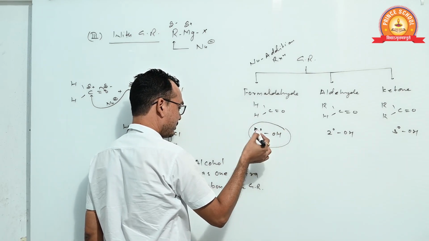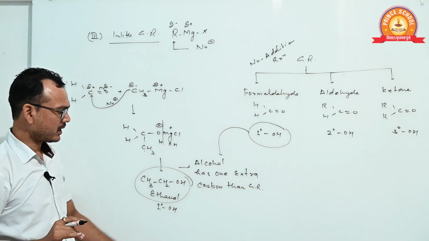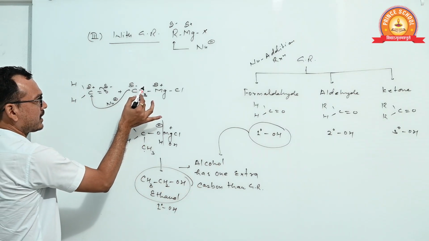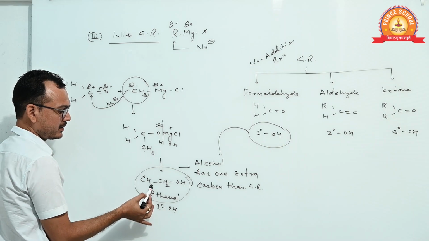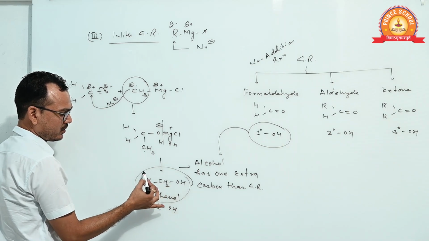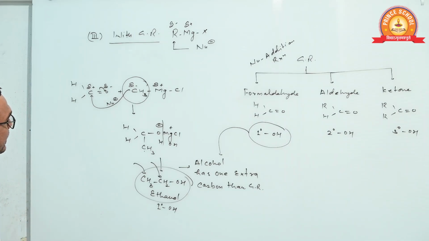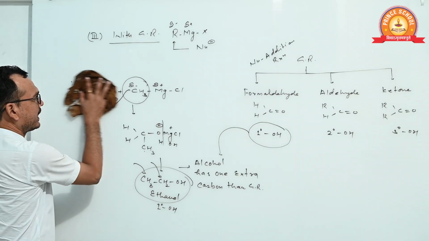What is the specific nature of this 1 degree alcohol? It has one extra carbon than GR. GR contains only one carbon atom, and as a result this is our ethanol, which contains 1 and 2 carbons. Is that clear? This is the reaction of GR with formaldehyde.